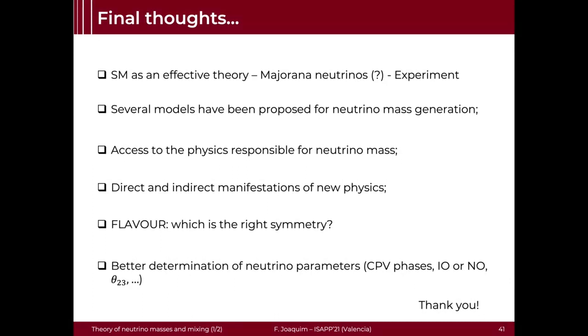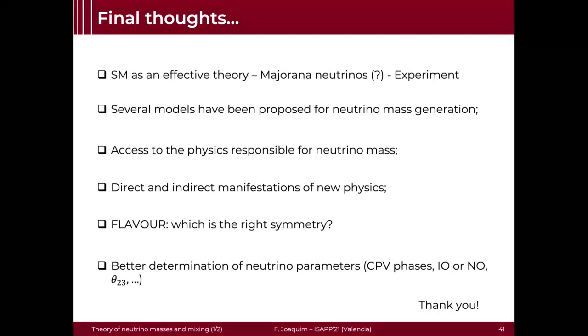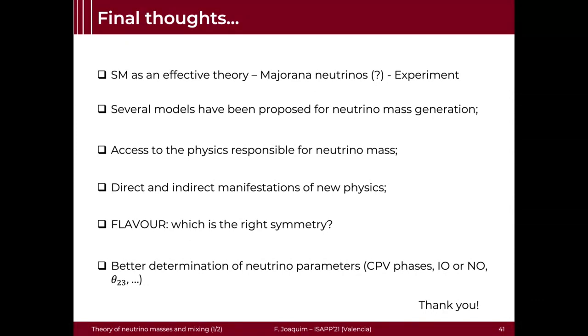There is one question, which is, what is the difference between integrating out and doing the perturbative expansion or the diagonalization of the mass matrix? Well, I would say that integrating out is the more formal way of doing it. Why?